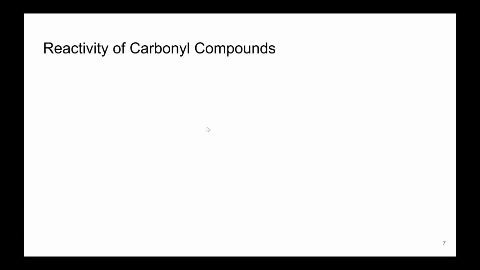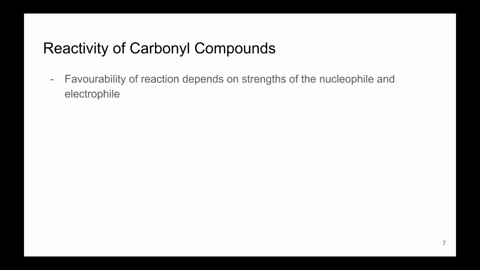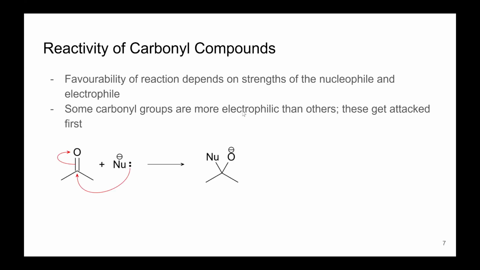So let's talk about the reactivity of carbonyl compounds, or the electrophiles. The favorability of reactions depends on the strength of nucleophiles and electrophiles. Some carbonyl groups are more electrophilic than others, and these will get attacked first. When your large compound contains multiple carbonyl groups, the nucleophiles will usually attack the more reactive carbonyl groups first before they attack the less nucleophilic, or sorry, the less electrophilic carbonyl groups.